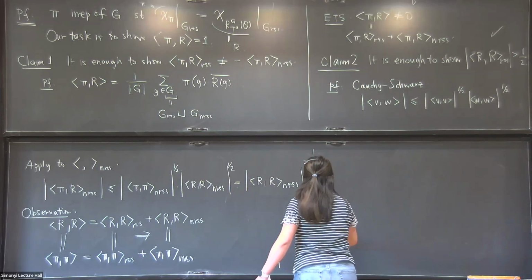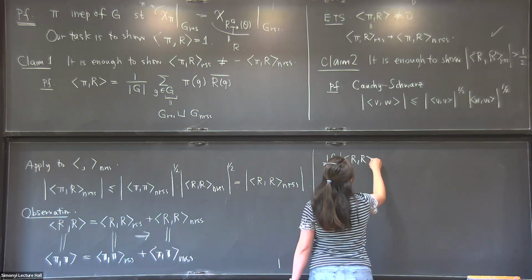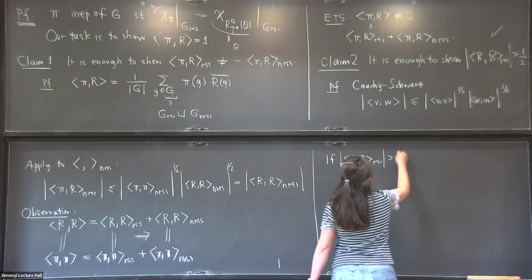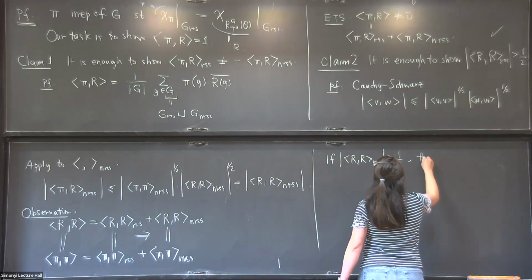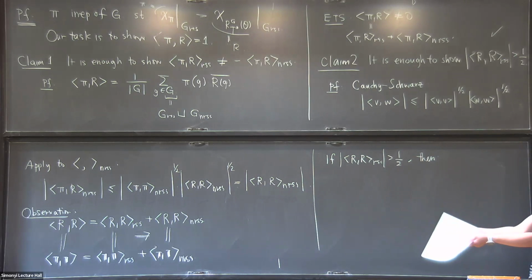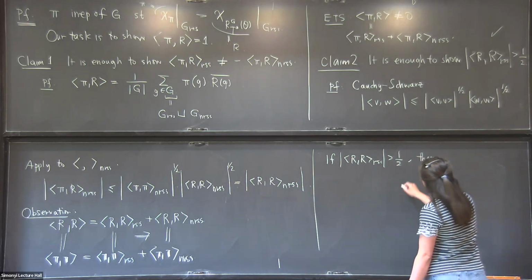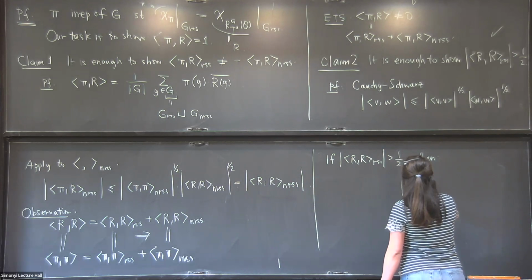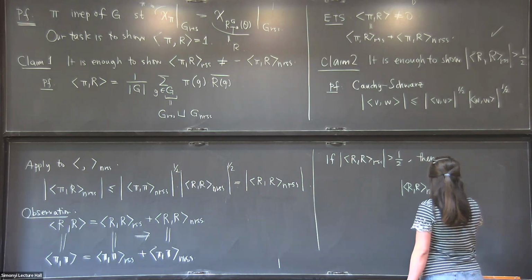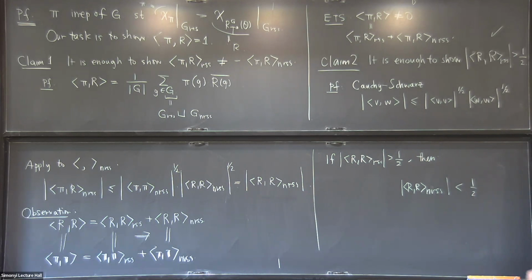So if RSS is bigger than half, then what do I know? Well, I know RR is equal to 1, right? And so this means that R on the not regular semi-simple part is less than 1/2, right? So I have to get to 1.